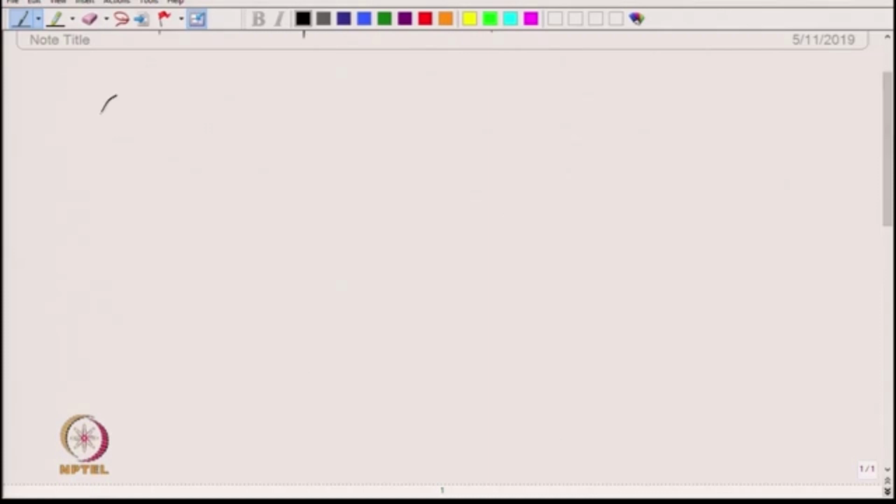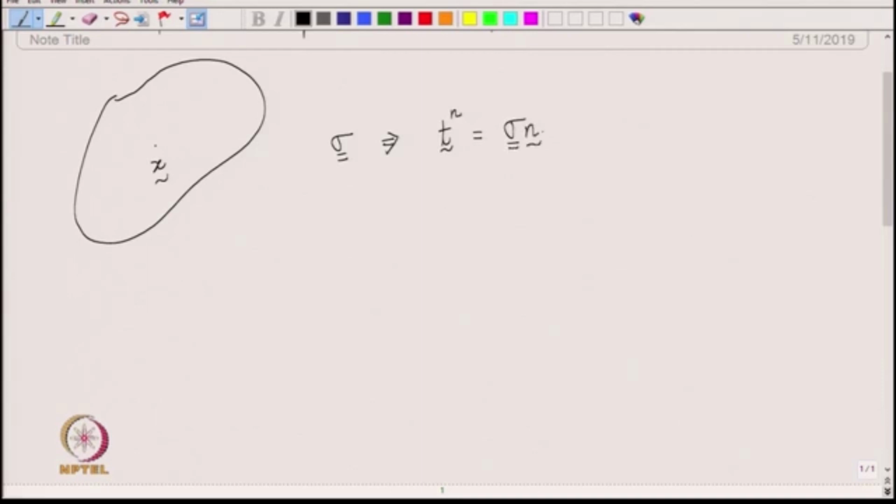So, we have this body and we are at a point x. Let us say the stress is sigma. So, that means the traction on a plane with normal n is sigma times n, and what is going to be the normal component of traction?